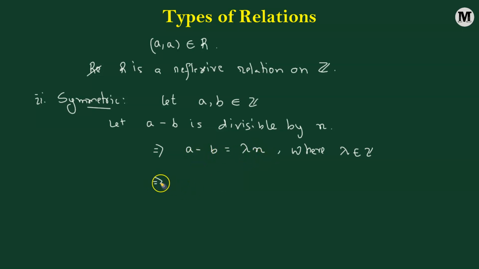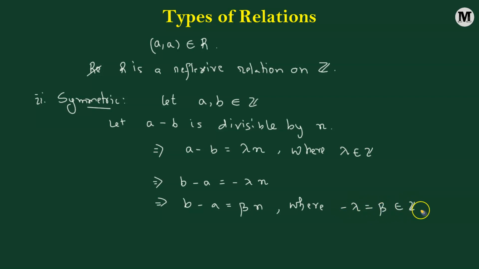So a minus b equals lambda times n simply tells us that a minus b is divisible by n. Now let's multiply both sides by negative 1. That gives us b minus a equals negative lambda times n. We can rewrite it as b minus a equals beta times n, where we consider negative lambda to be equal to beta, which is also some integer. We don't have to worry about the values of lambda and beta.